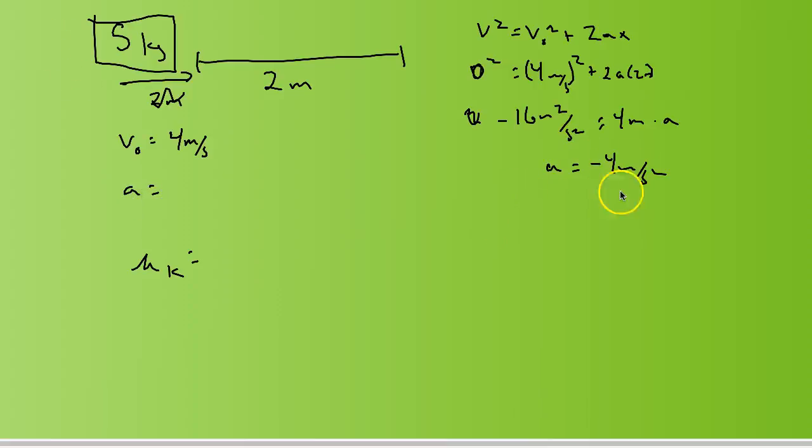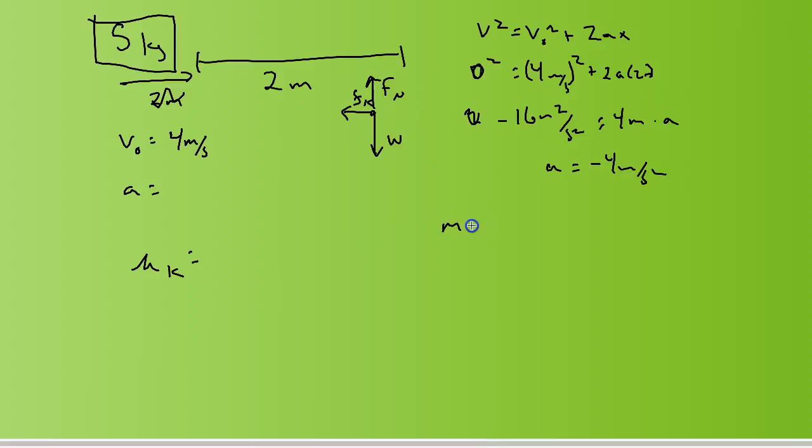Hopefully you got that there was an acceleration of about negative 4 meters per second squared. The next step is going to be to write a net force equation. So if this object has weight, has a normal force, is experiencing kinetic friction causing it to slow down, what would be the net force equation for this horizontal plane?